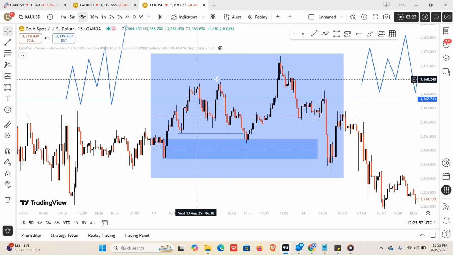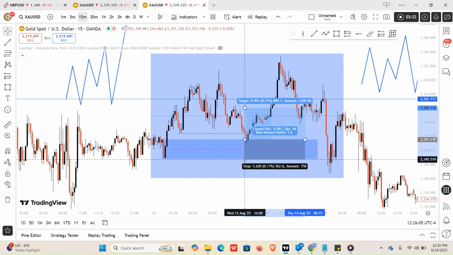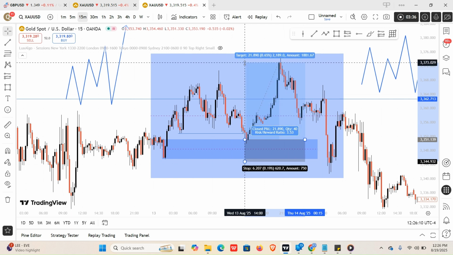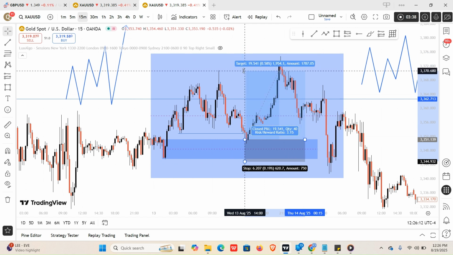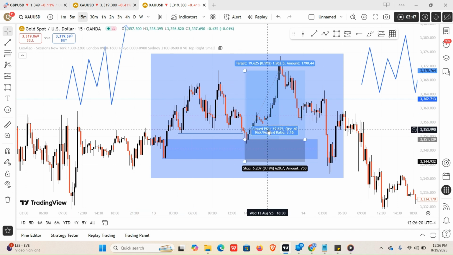As we all know, gold is the father of all in trading. I put my stop loss right here and then take profits just together with the equal high, the position where the high stopped.